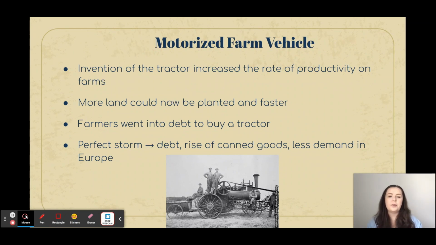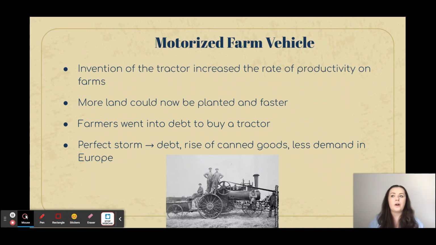Something that also contributes to agriculture being the sickest of industries is the motorized farm vehicle, which is a fancy way to say tractor. So the tractor helps speed along how farms can be more productive because you don't need as much physical labor to cultivate the crops. So you can plant faster.